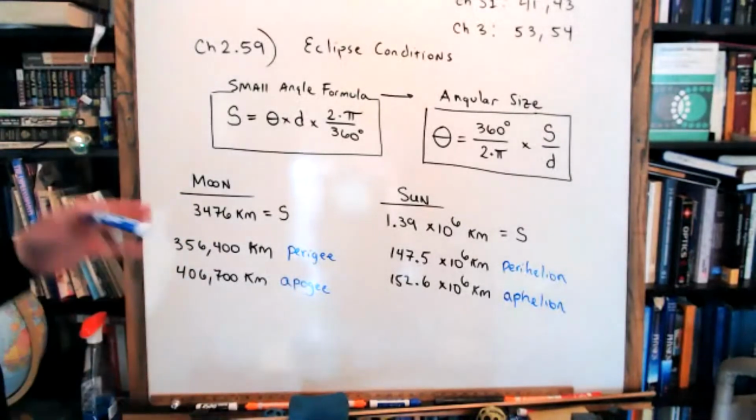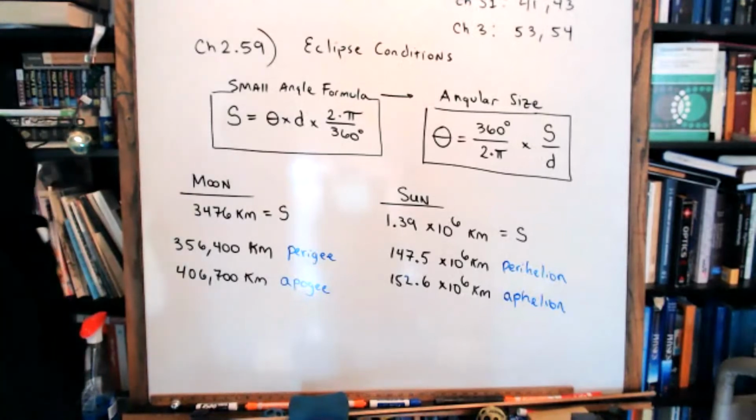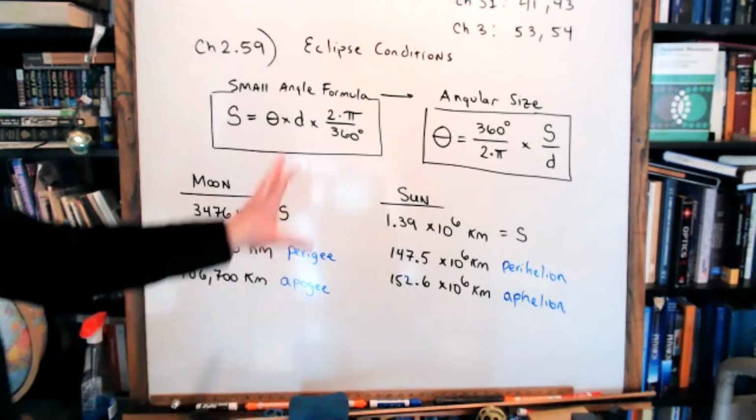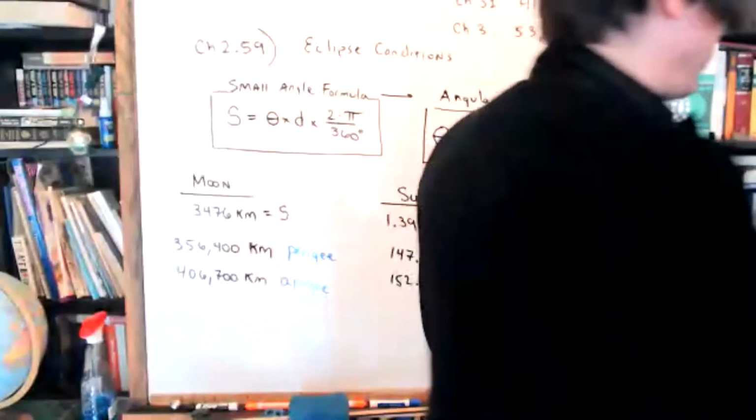Okay, now that we have all of our data down, Andrew, what does it want us to do? All right. So find the moon's angular size at its minimum and maximum distance from Earth. So that's for A. I'm going to have to erase this in a second, so make sure you have it down.